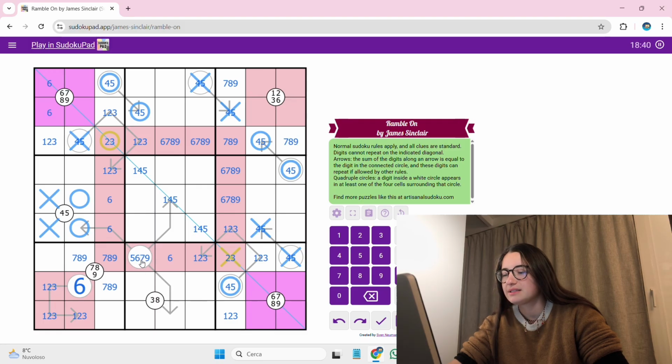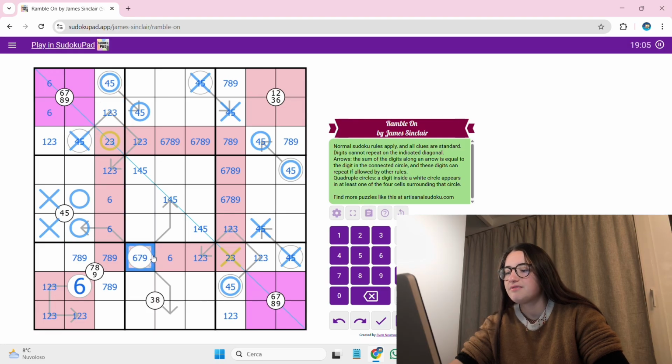Can this be a 6? Yes, this could be like 2. Can it be? No, it can't be 2. Can this be 1? It could be 1, 4. It can be 4. It can be 1, it can be 2, it can be 3 because they are here.